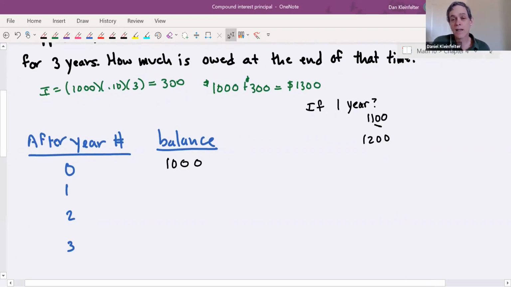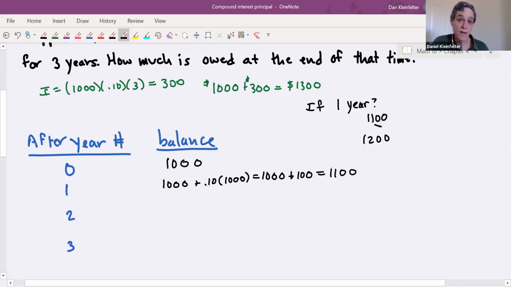No, okay, we'll try again next year. So they owe us $1,000 that they originally borrowed, plus 10% of that 1,000. That's our 10% interest. So that's 1,000 plus 100, or 1,100, which we knew, right? It's $1,100 after 1 year.